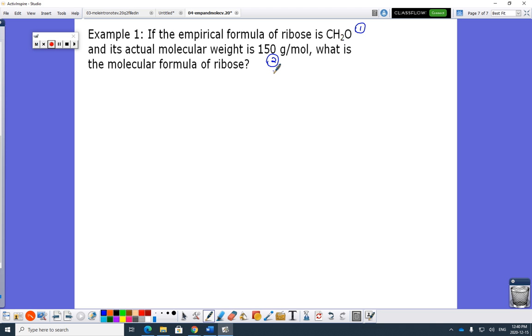In order to compare, we need to compare things that are the same. So we have the actual molecular weight, and we have the empirical formula, but we don't know how much the empirical formula weighs. So first you find that.